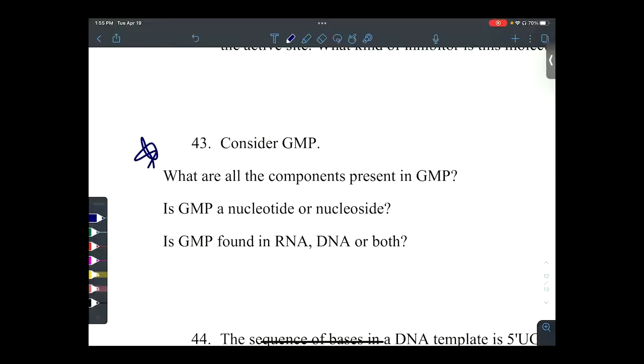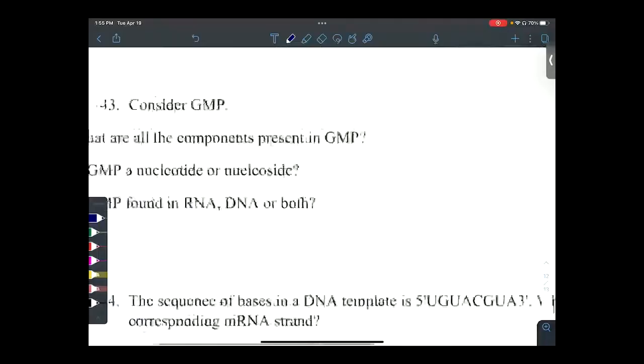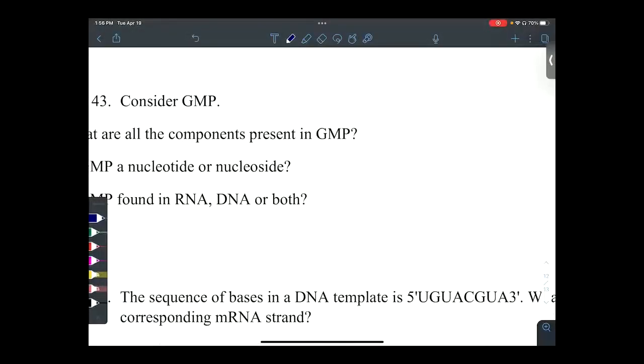If you recall, nucleic acids have three components: a nitrogenous base, a sugar, and a phosphate. Since it says MP, MP stands for what? Monophosphate. So you know for a fact it has a phosphate in it. G stands for which nitrogenous base? Guanine, okay?